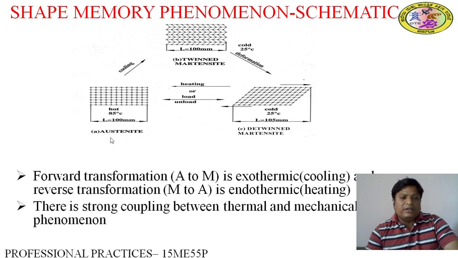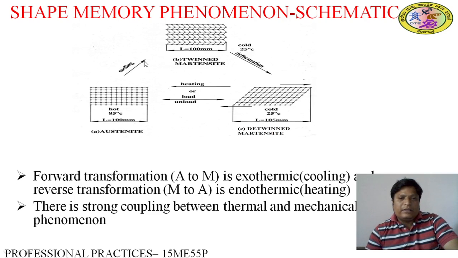You can observe here austenite. When cooled, the structure changes and the phase changes into martensite. Then at 25 degrees Celsius, deformation takes place. Again it is twinned martensite. When the temperature is increased by heating, it regains its original shape. Hot means heating at 85 degrees Celsius.